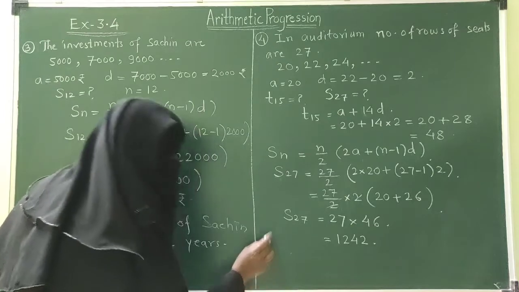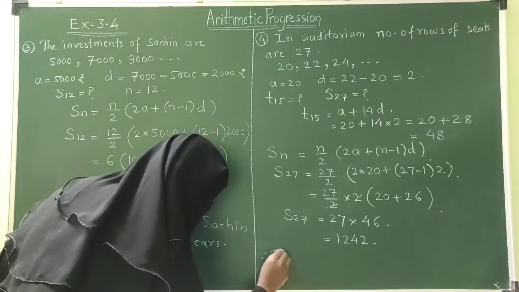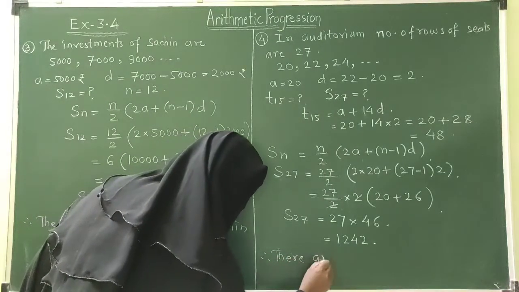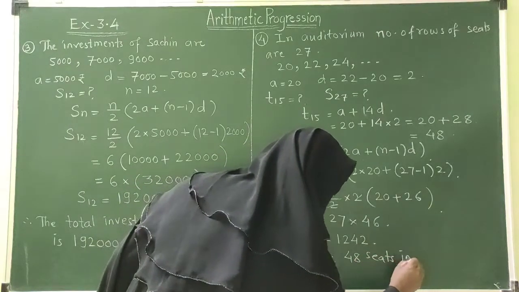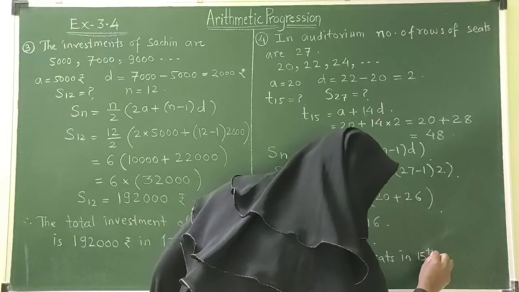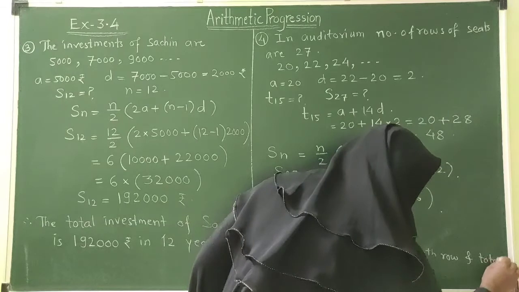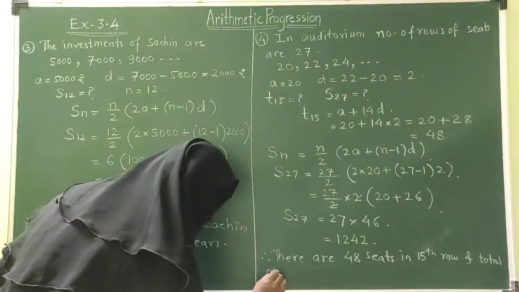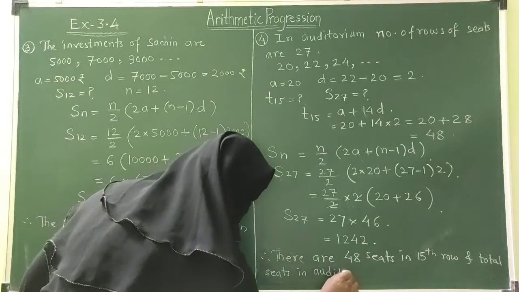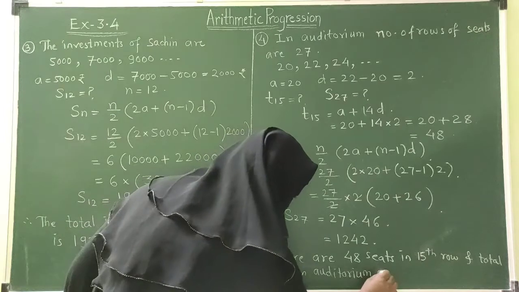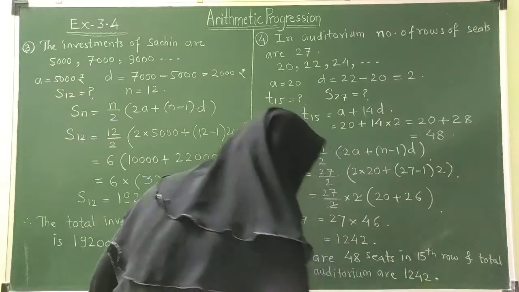Therefore, there are 48 seats in the 15th row, and the total seats in the auditorium are 1242.